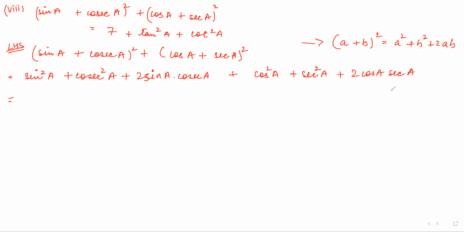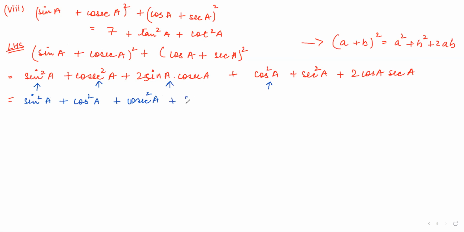Now see, all the terms are positive, so I can just shift their positions, no problem. So what will I do here? Now look here carefully. This sin square A and this cos square A, I'm just writing them together. Sin square A plus cos square A, then plus cosec square A. Now look at this term.